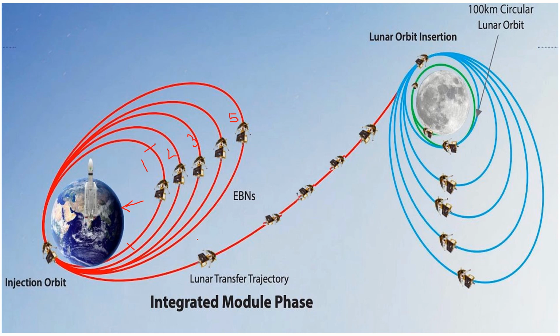Then we have seen that it will reach the lunar orbit, which is a 100-kilometer circular orbit. And this is the current status of Chandrayaan-3. Now it has reached the lunar orbit.